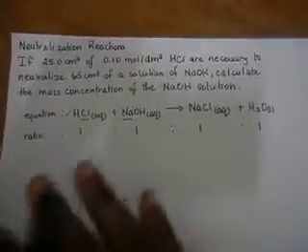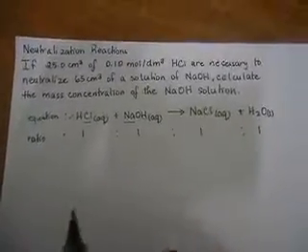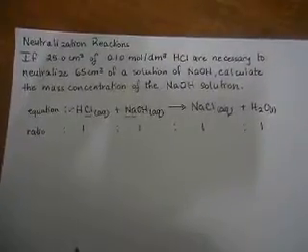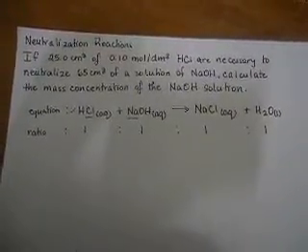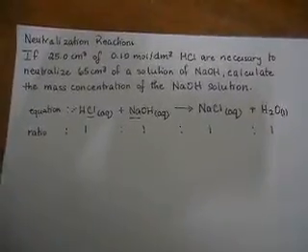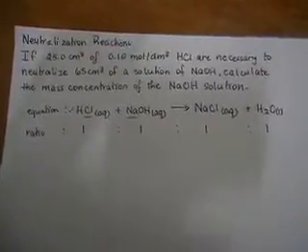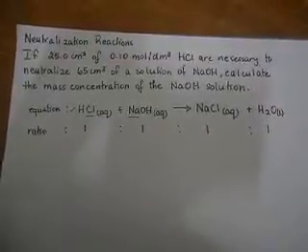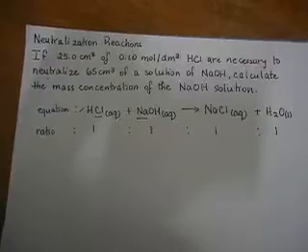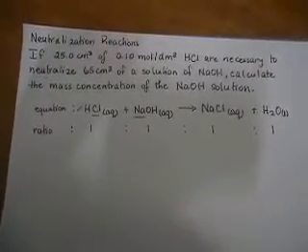And we know from the question that 25 centimeters cubed of a 0.1 molar dm solution of hydrochloric acid was how much was necessary to neutralize 65 centimeters cubed of a solution of sodium hydroxide. So we're going to work out the amount of moles of HCl that was necessary.